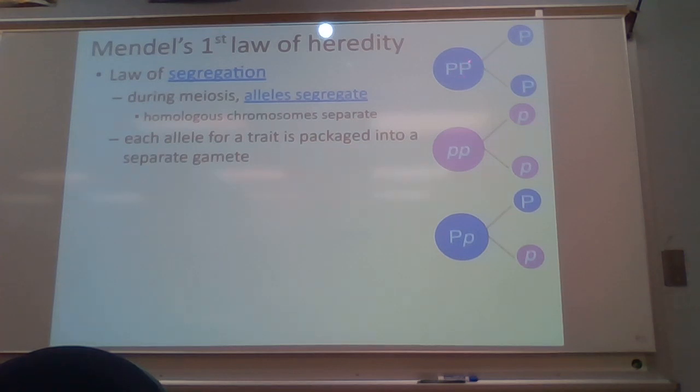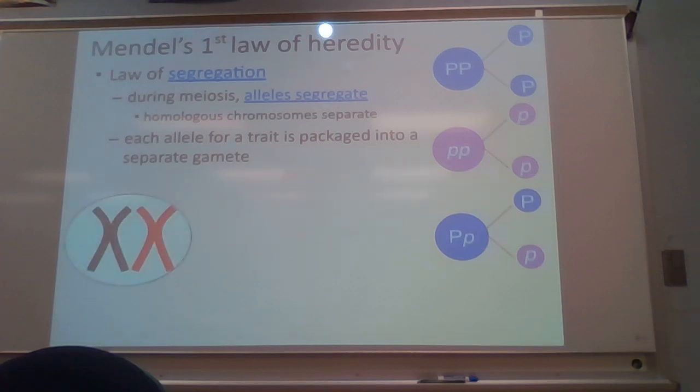Half of the gametes are going to get one version, the other half of the gametes are going to get the other version. If you're homozygous dominant, even though they're getting separated, your gametes are going to get the dominant copy, right? That's all that's possible. Similar if you're homozygous recessive. If you're heterozygous, half of your offspring are going to get the dominant, half of your offspring are going to get the recessive.